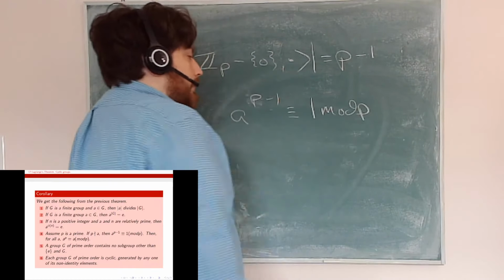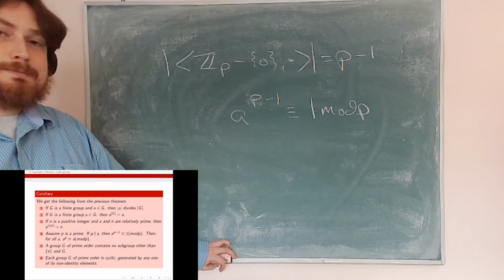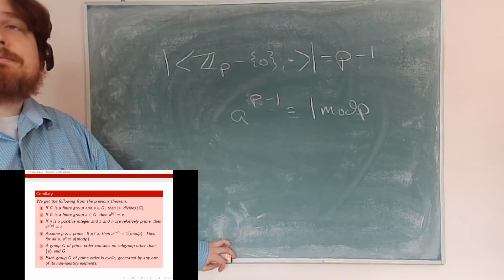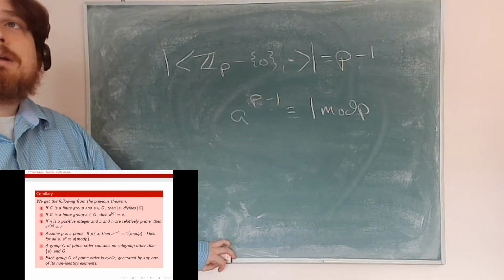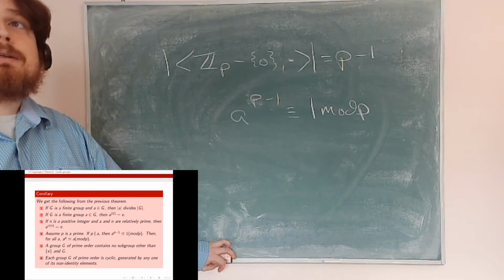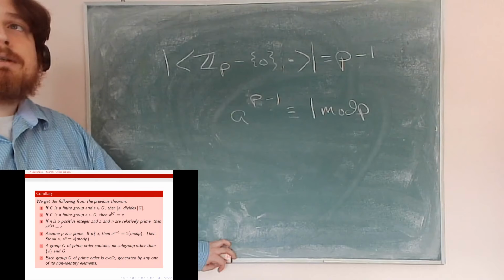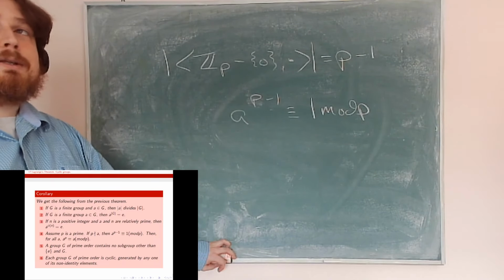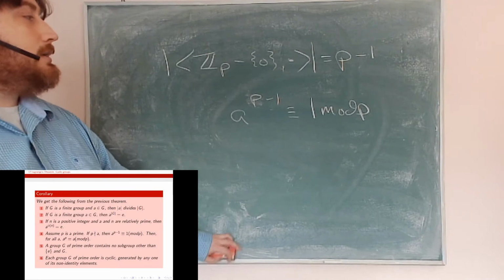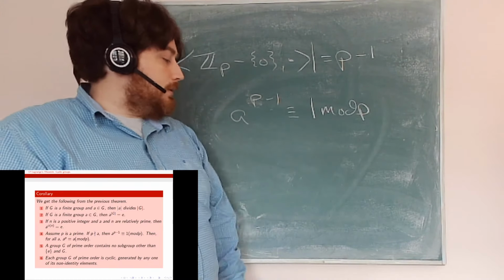So this is congruent to 1 mod P, right? So therefore, A to the P minus 1 is congruent to 1 mod P for all integers that are not divisible by P, because all integers that are not divisible by P are congruent to something non-zero mod P.